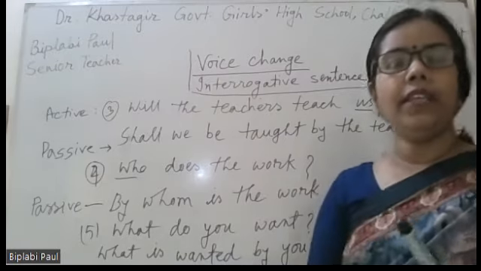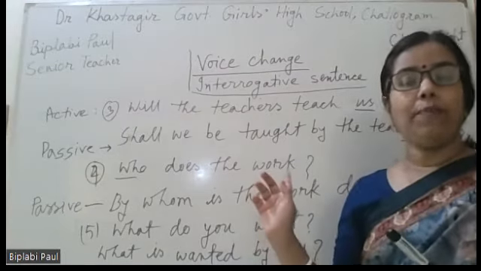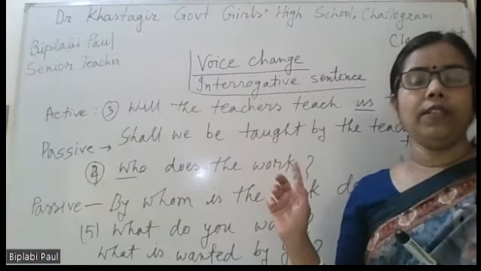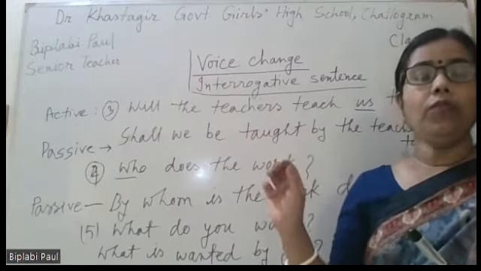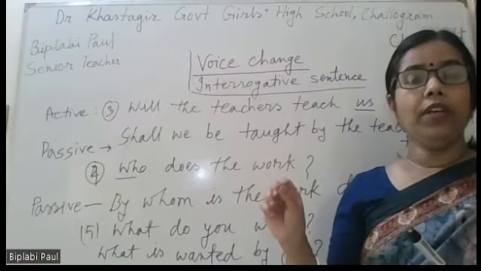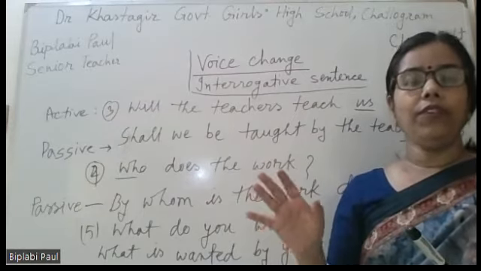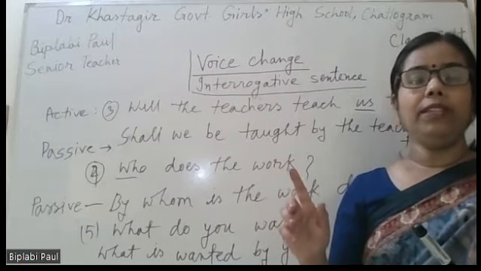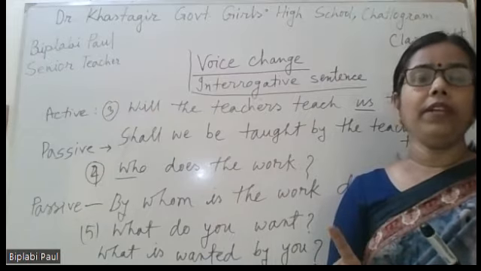Dear students, I think you have noted down these 5 sentences with 5 passive forms and understood the interrogative sentences. Now I am writing some sentences for you to do by yourself, knowing the rules of interrogative sentences. But you must keep in mind the rules of changing voice.